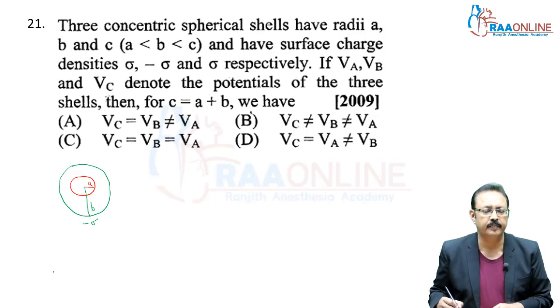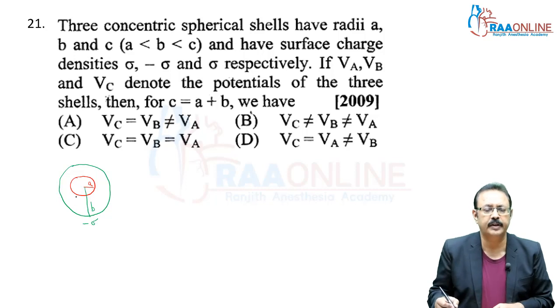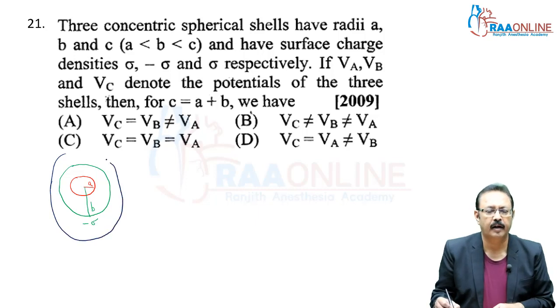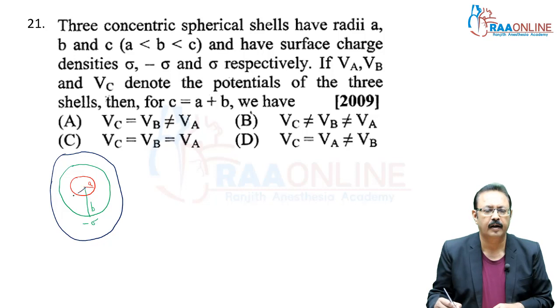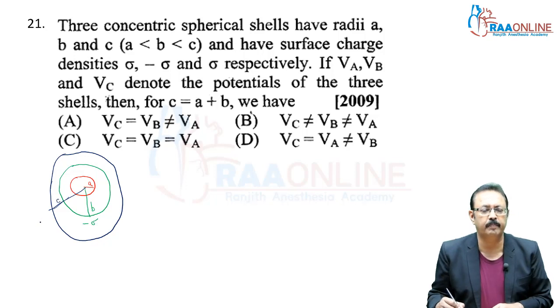The third shell is of radius C, with charge density plus sigma, and the first has charge density again plus sigma.